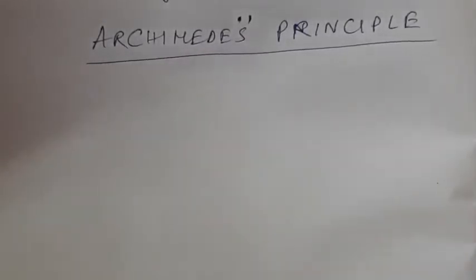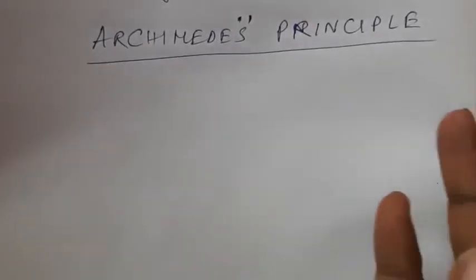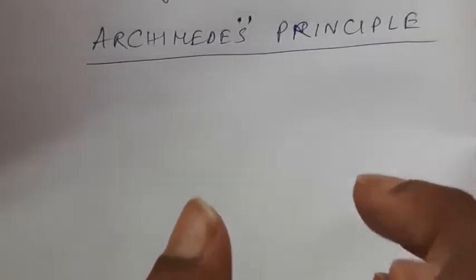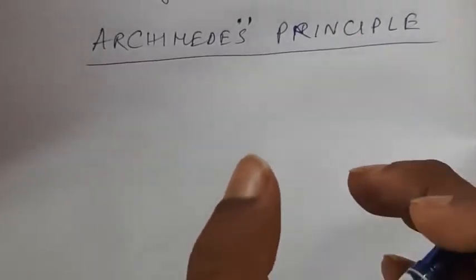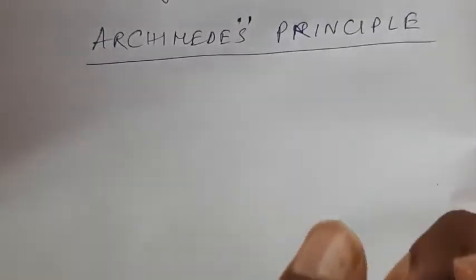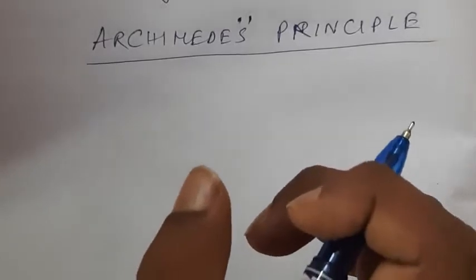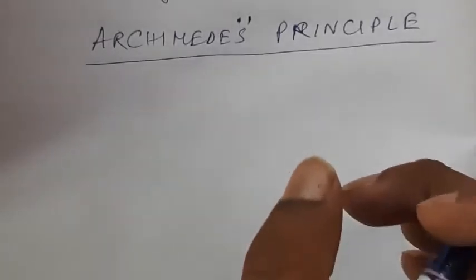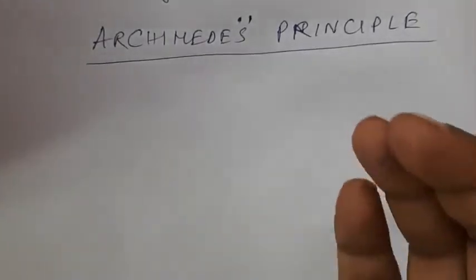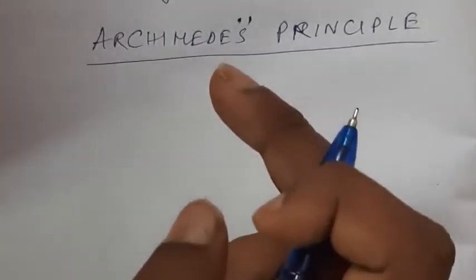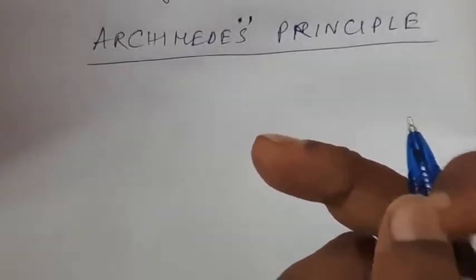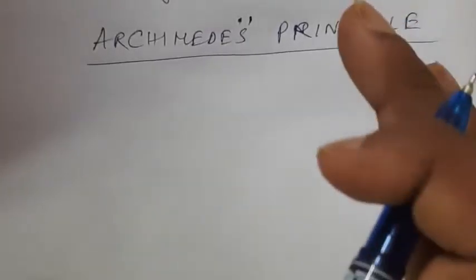This is Archimedes principle. Now Archimedes principle is related to the weight of the body. So this principle is not applicable for a body in a weightless condition. That means the weight of the body in an artificial satellite or in a freely falling situation is zero. So in these cases, Archimedes principle is not applicable, because it is related to the weight of the body, and we all know what weight is, m into g. So g, that means within the earth's influence.